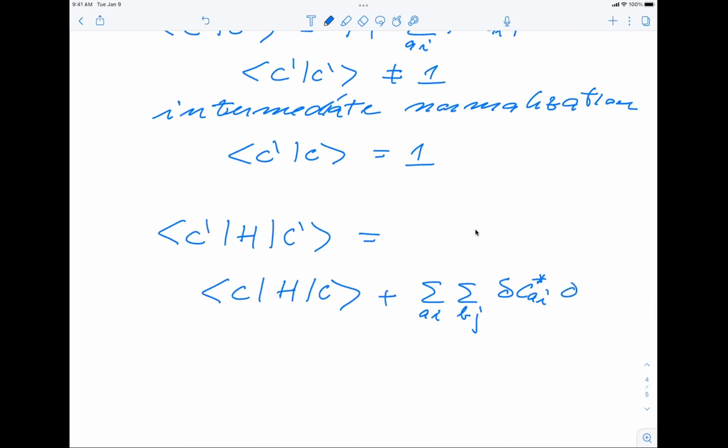That means I will have a delta C of Bj, multiplied with C, then my a dagger, AA, then H, and then my AB, AJ of C, like this.